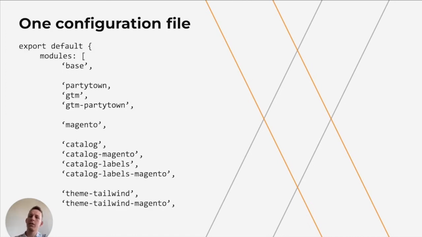And all of this is configured in one configuration file where you set the list of enabled modules and which order they should be turned on. Here, for example, I want to add GTM to the application, so I enable GTM module, but GTM slows the performance down.